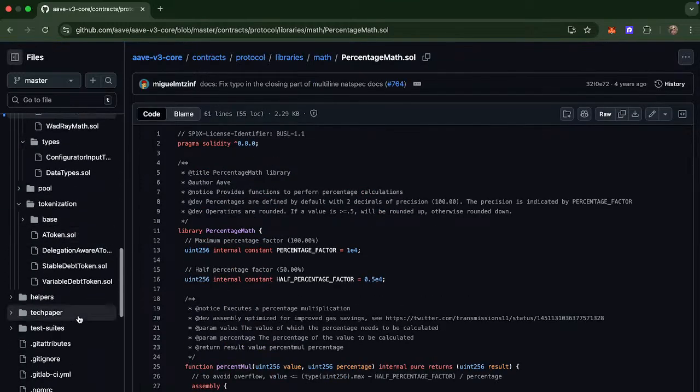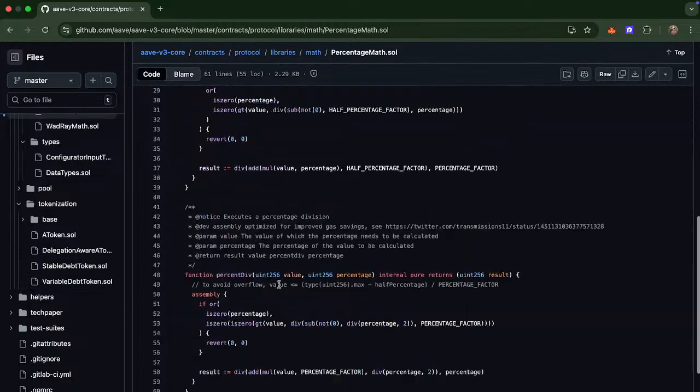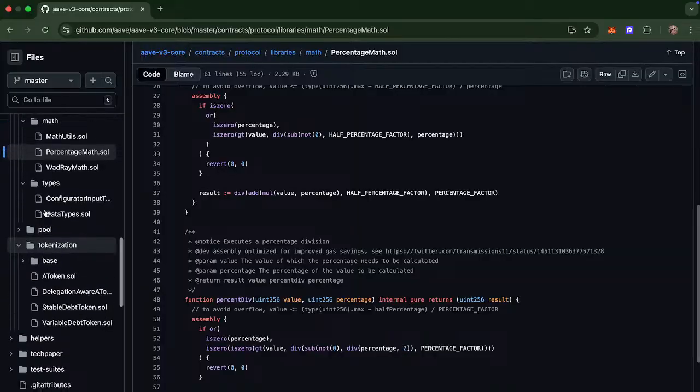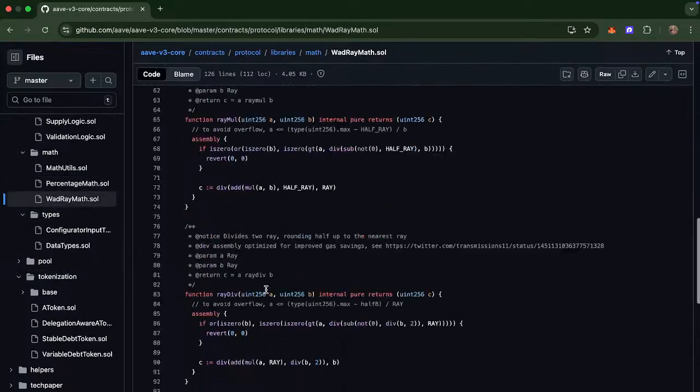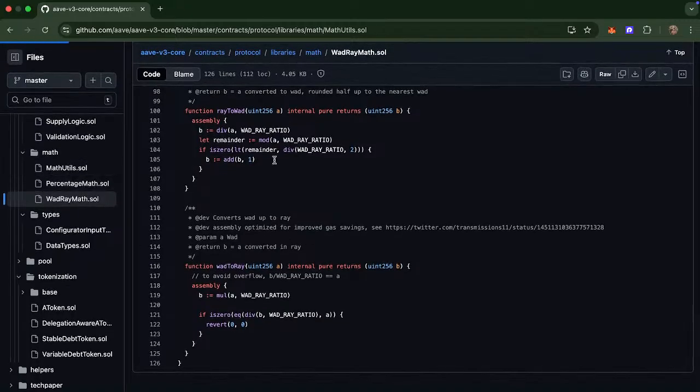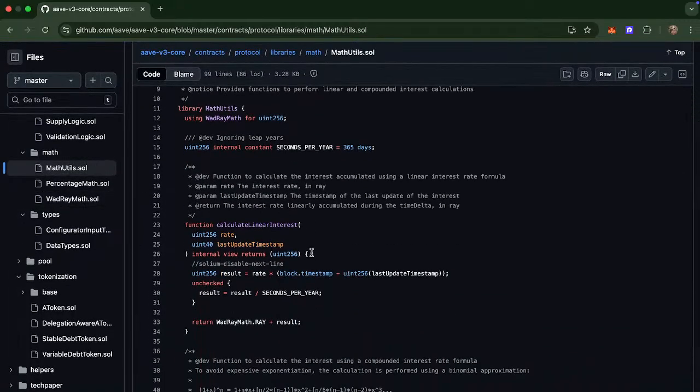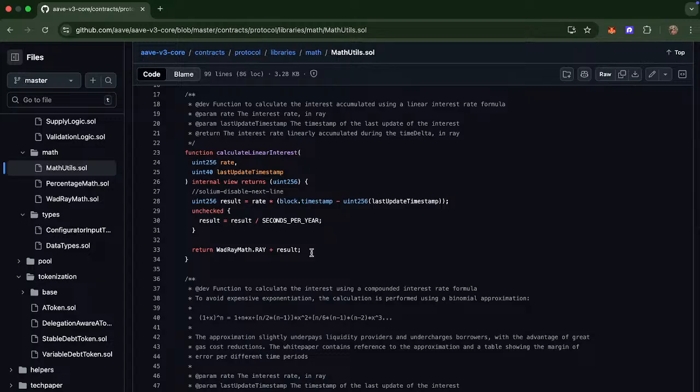under pool, multiplication, division. Okay, under math, calculate linear interest, current rate and timestamp.